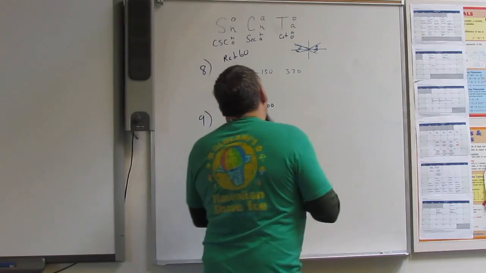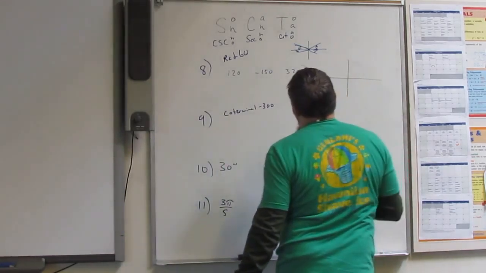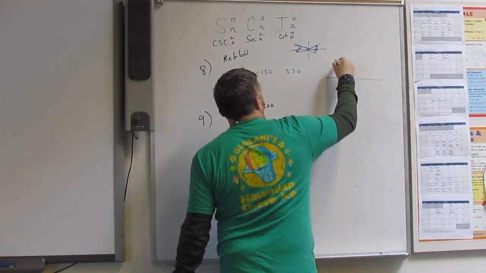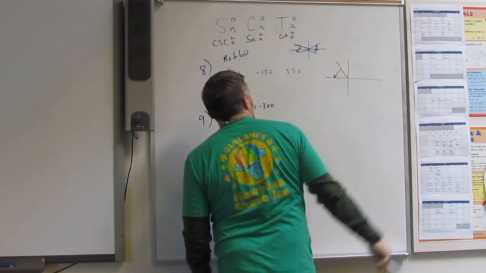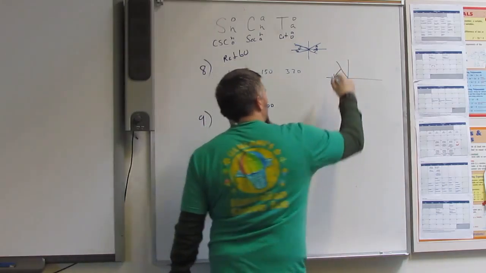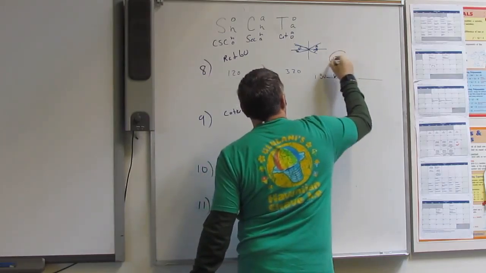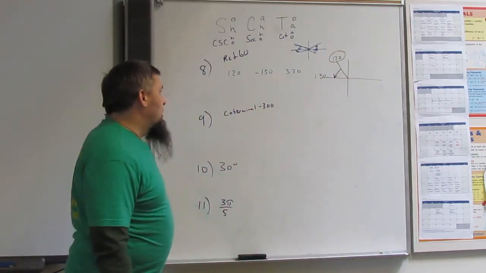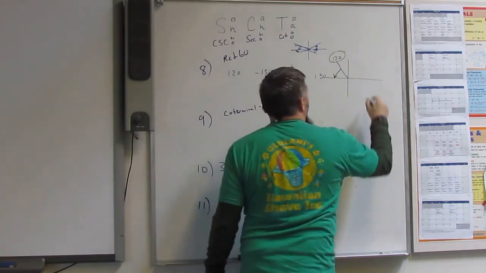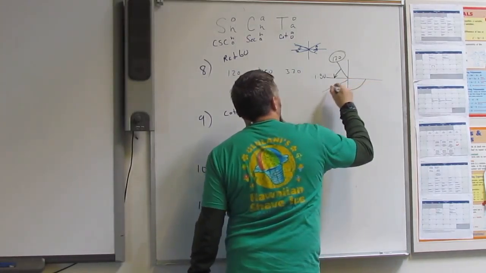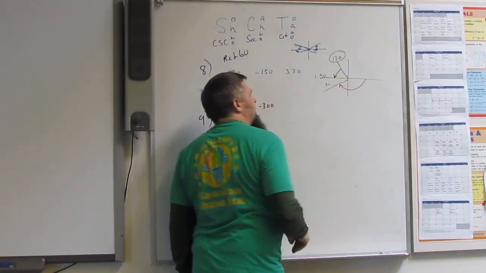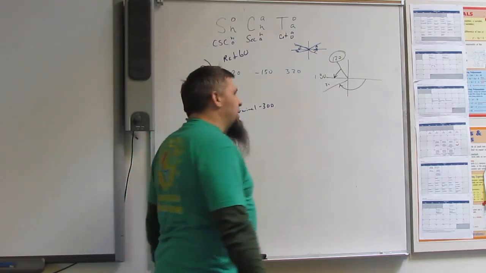And I can tell you right now that 120 is 60 from 180. So therefore, that's one of them. Negative 150 is only 30 away, so that's not going to be one.